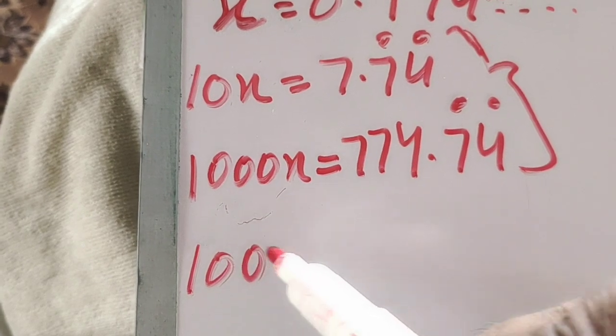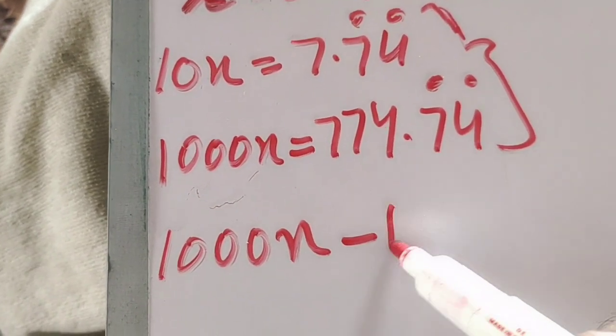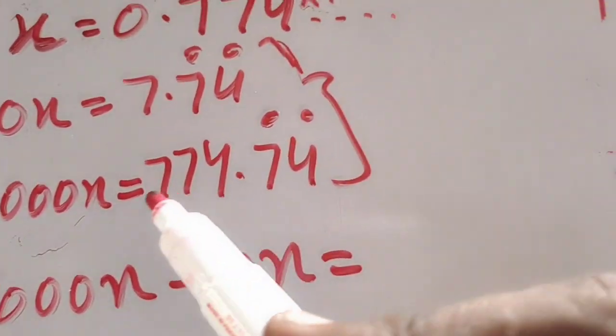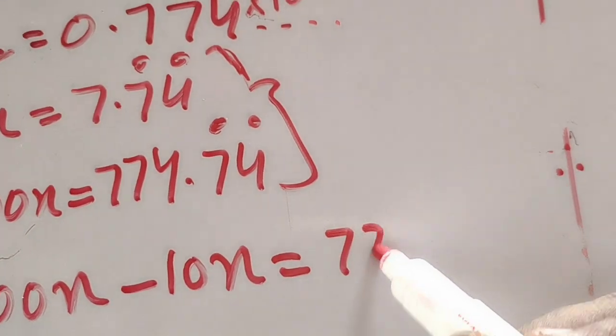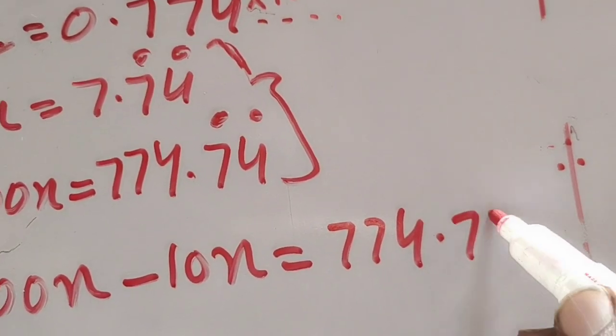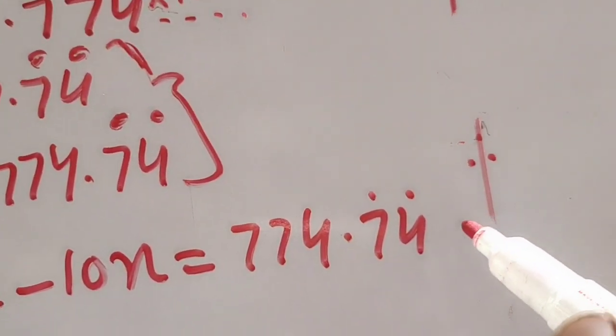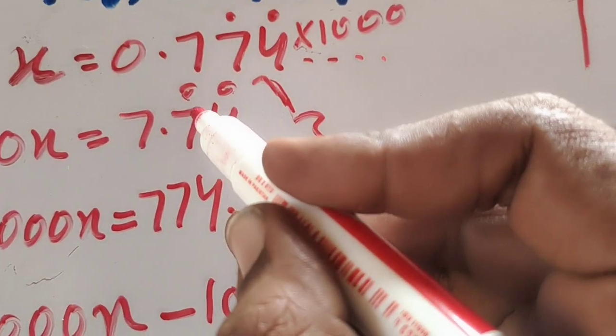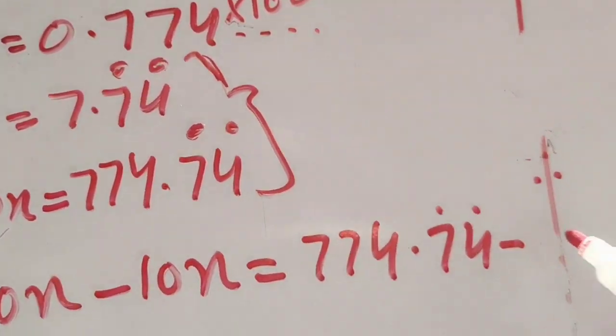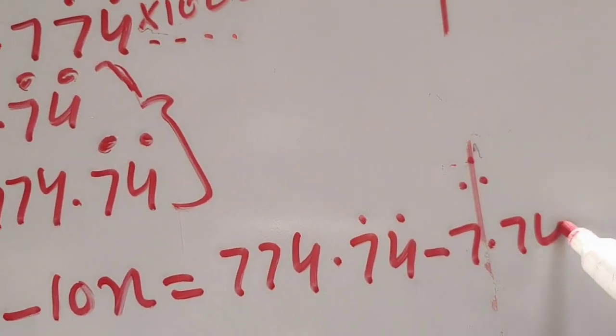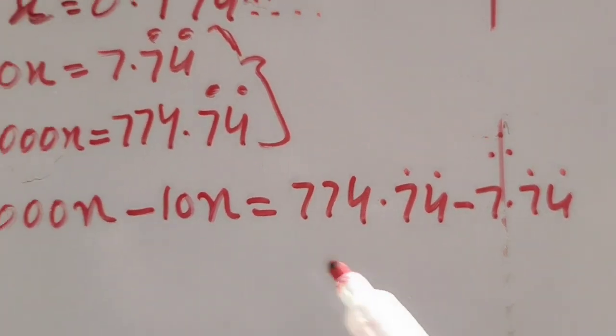So the bigger is 1000x minus 10x, and on the other side 774.74 recurring minus 7.74 recurring.